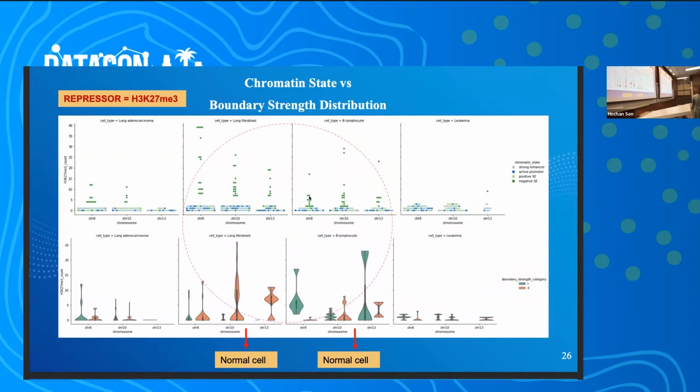There are some negative super enhancers in the presence of the different repressor, and this indicates a potential decrease in gene expression. When you look at the boundary strength here, it's boundary 1 and 2, which is the weak boundary. And this weak boundary corresponds well to the negative super enhancer and the repressor.